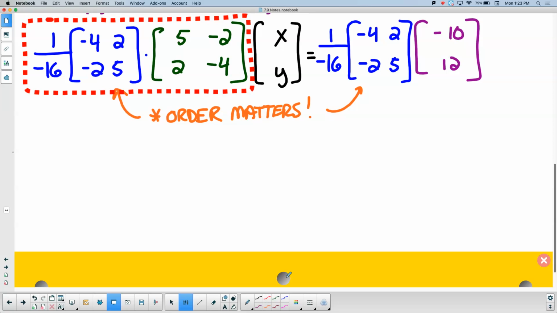When I take a matrix and I multiply it by the identity, the matrix doesn't change, right?